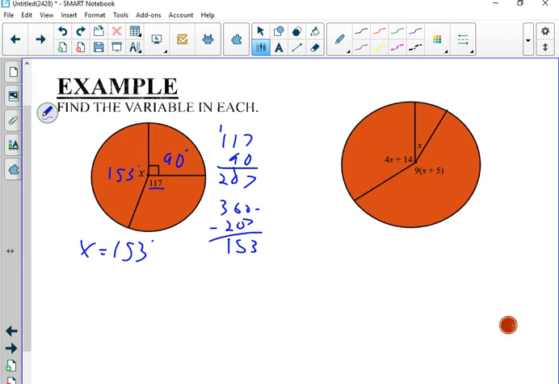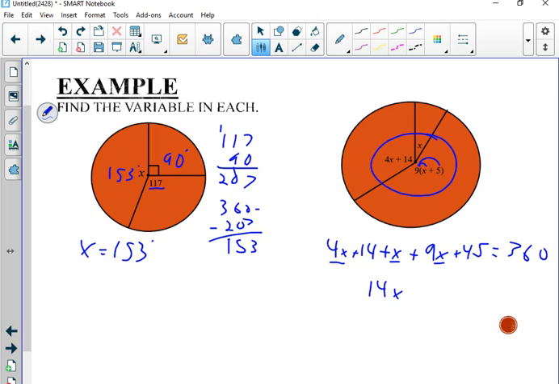Over here, we know these all add up to 360. So we just write that. 4x plus 14 plus x plus, I'm just going to distribute right now, 9x plus 45. Do not forget to distribute to both. Equals 360 degrees. We combine our x's, 4x plus x plus 9x, that's 14x.